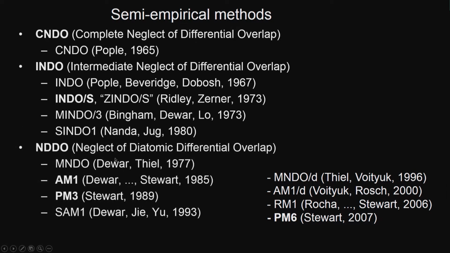Then came NDDO, neglect of diatomic differential overlap, then MNDO, AM1, PM3, SAM1. Starting from 65, complete neglect of differential overlap between electrons, the methods started improving. In the 2000s we have better methods, PM6, which are a big improvement, but still quite fast, unlike the ab initio methods.